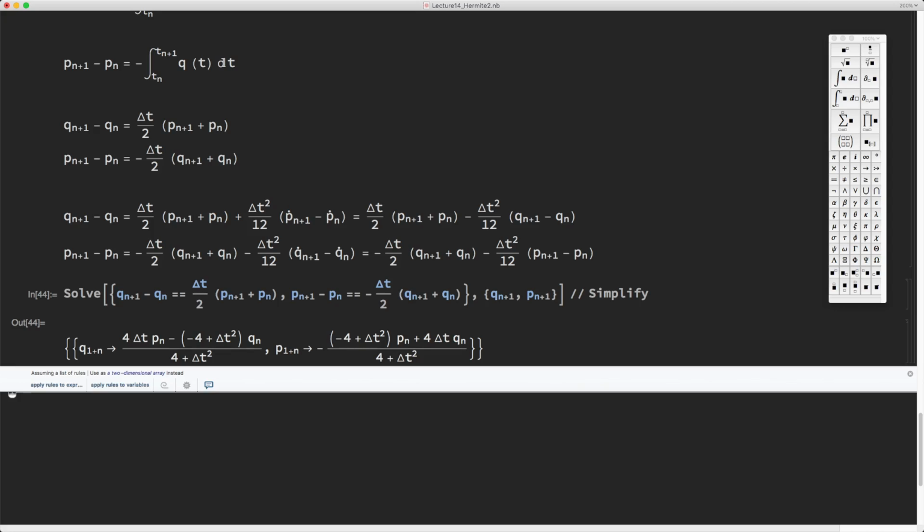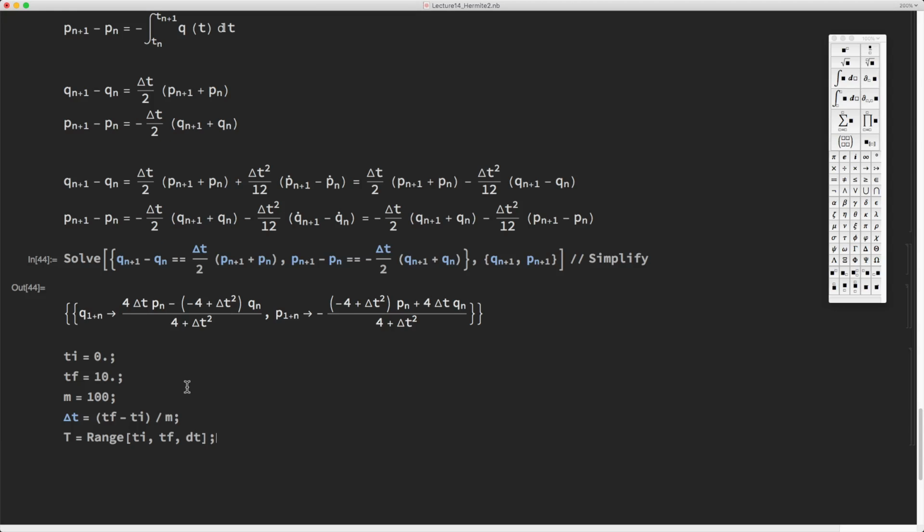define a time grid similarly to what we did earlier. So some initial time 0 up to some time 10. Let's take 100 time steps, and then the time step delta t is t final minus t initial divided by the number of steps.